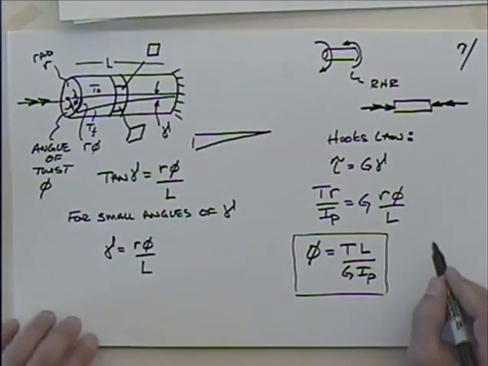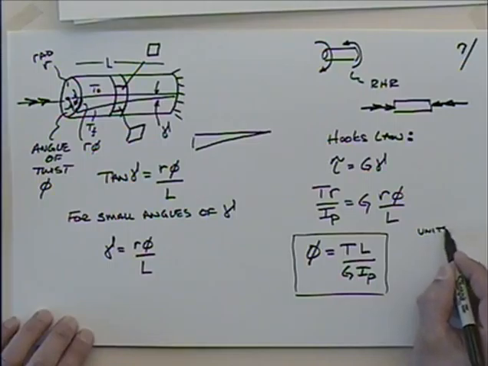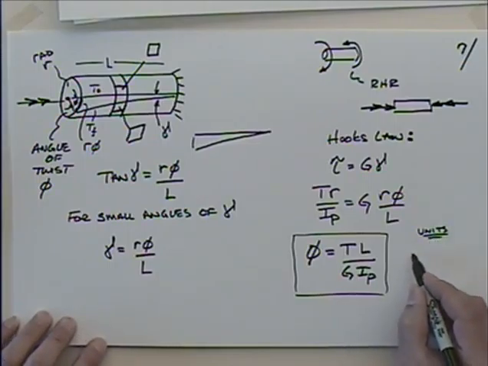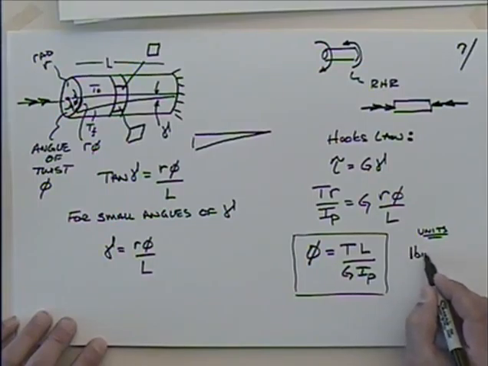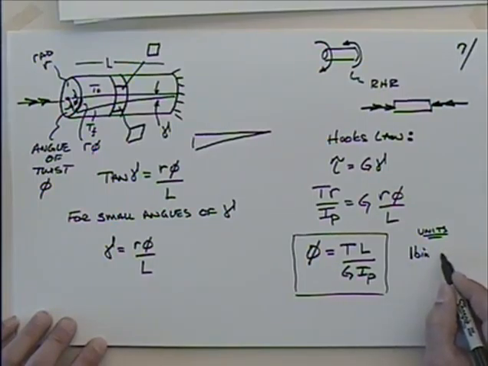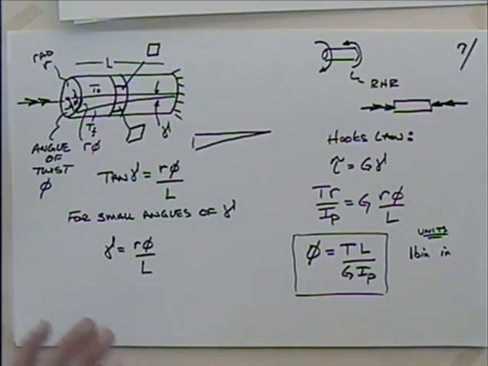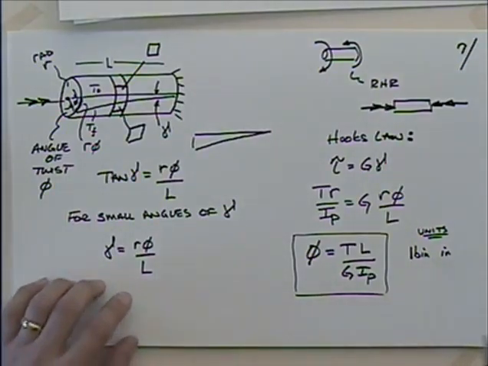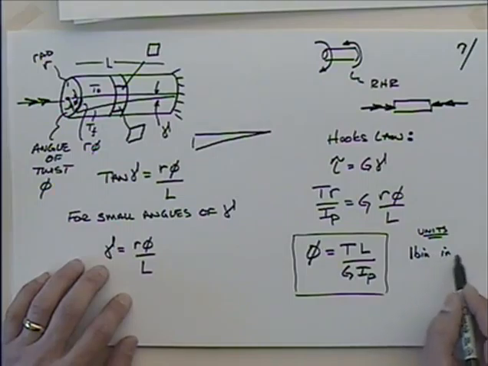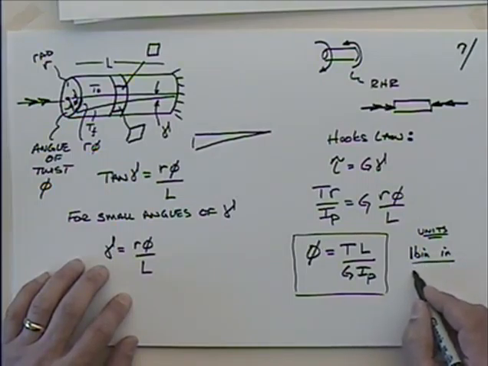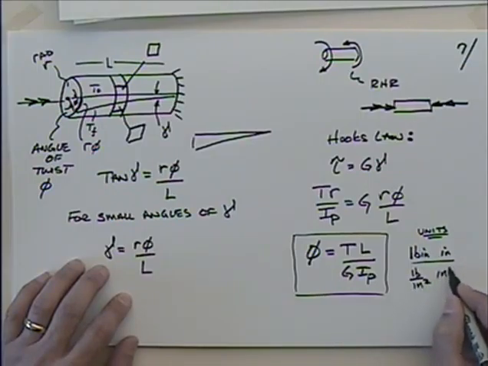Let's look at the units in this. Again, I might use pound inches, and I'd better have the length in inches, because a lot of times we'll have those in pound feet or in feet, so you have to be really careful with the units. If we're in pound inches and inches, then G is going to be in PSI, pounds per inch squared, and I is inches to the fourth.